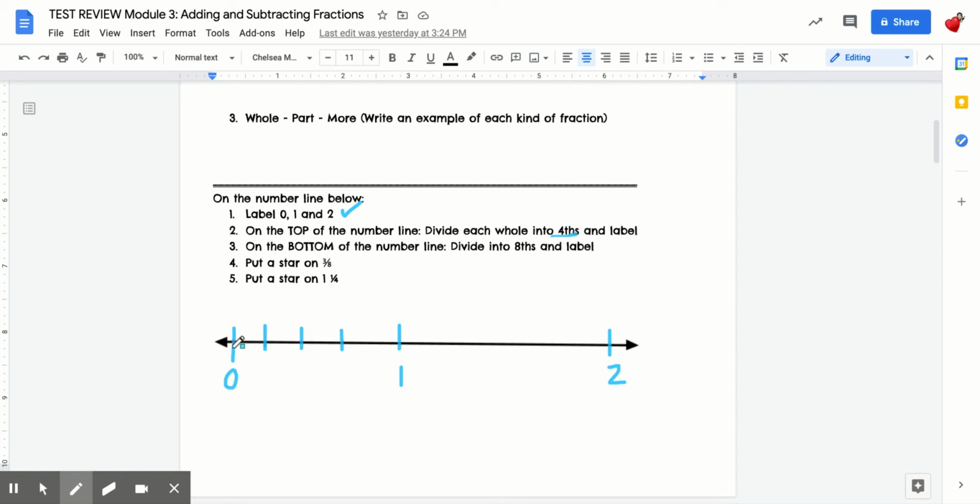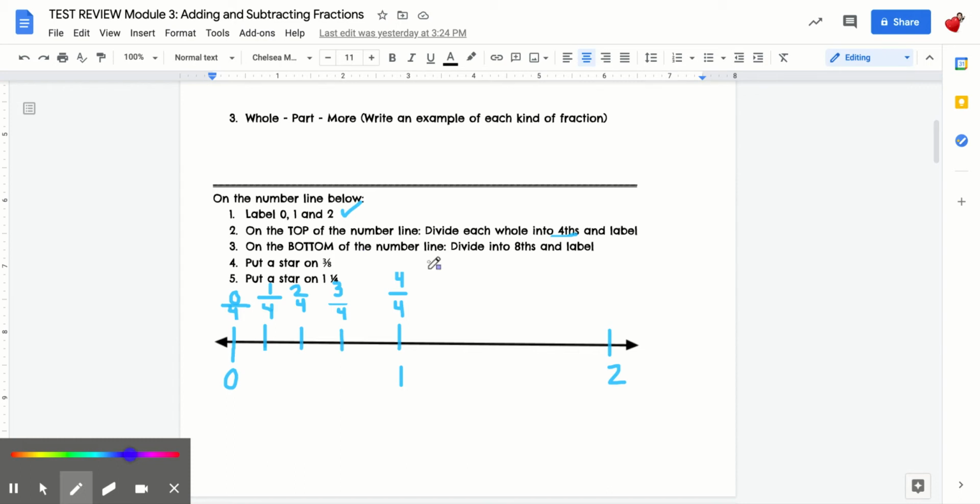So each gap, if I have 1 gap, 2 gap, 3 gap, 4 gap, this whole is split into 4 parts. This is 0/4. This is 1/4. 2/4, 3/4, and 4/4. You need to continue on and do the same in fourths.